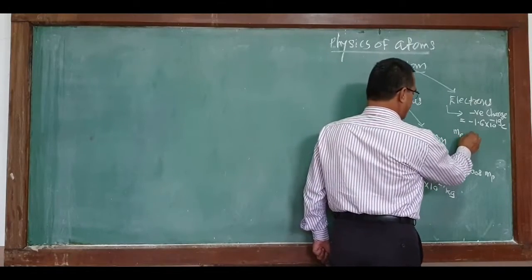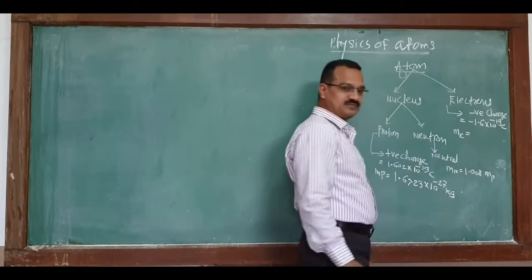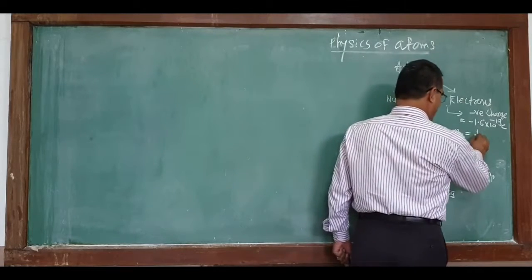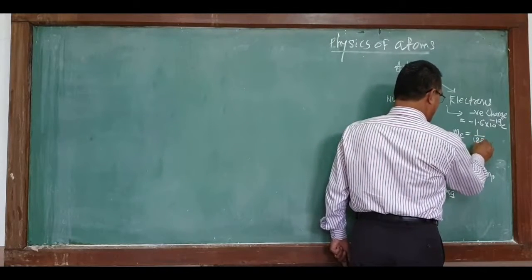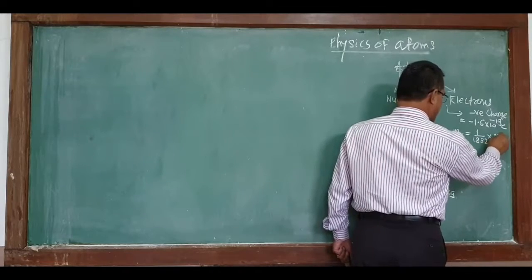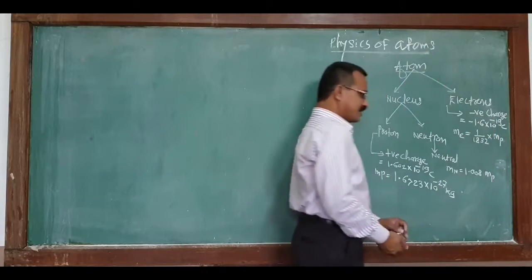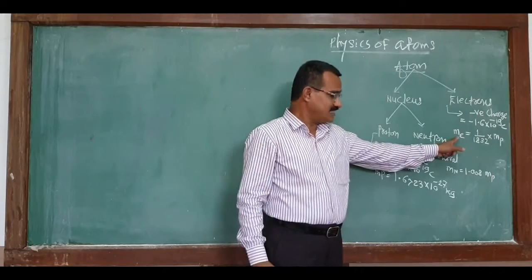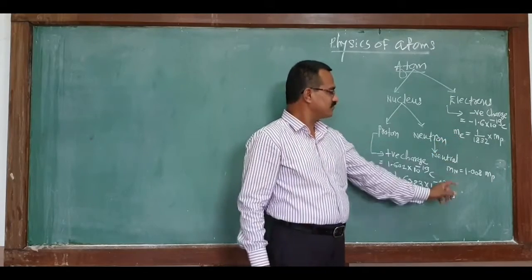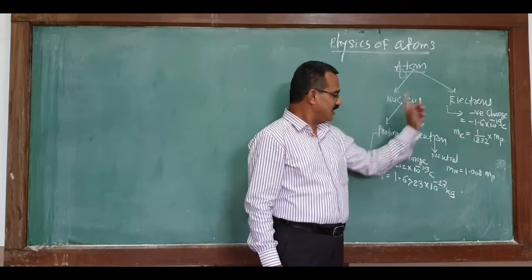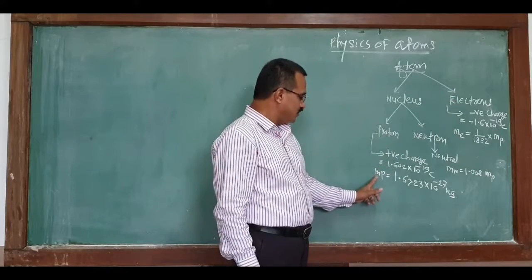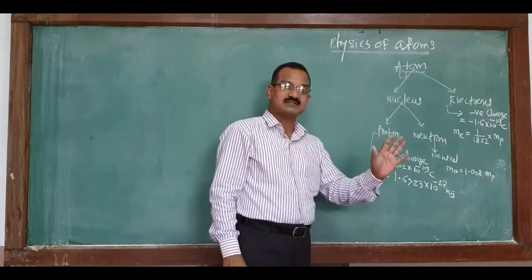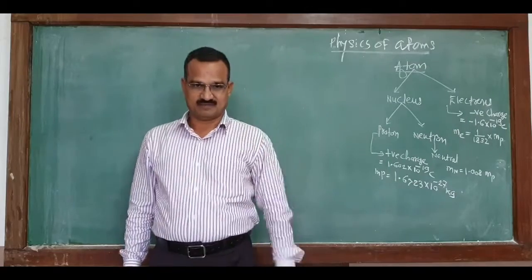Mass of the electron must be equal to 1 upon 1.832 times the mass of proton. From this, it is clear that mass of the electron is negligible as compared to the mass of proton as well as neutron.